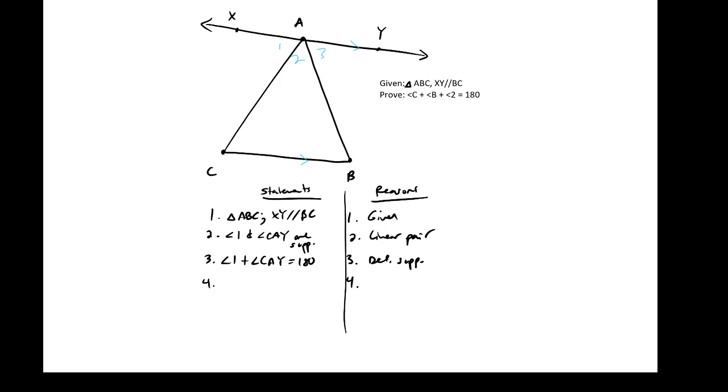On the right-hand side under reasons, we can only use definitions, properties, postulates, and theorems. The issue is that we don't have any of those that would say that 1, 2, and 3 are supplementary. But we know that angle CAY is constructed of angles 2 and 3. Remember, when you put two angles together to create a bigger angle, that technically is one of our postulates, the angle addition postulate.